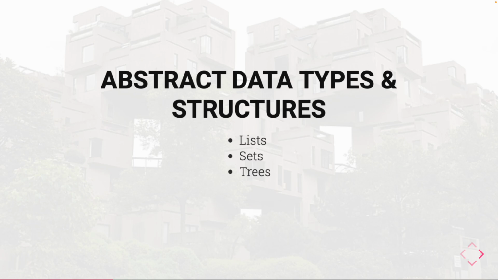Comp 2140 is a co-requisite for this, I believe, so you're approaching the end of that and hopefully know all about lists, sets, and trees. In our particular implementation, remember, this course is not about C, but we use C. Each ADT gets a .c and a .h file.